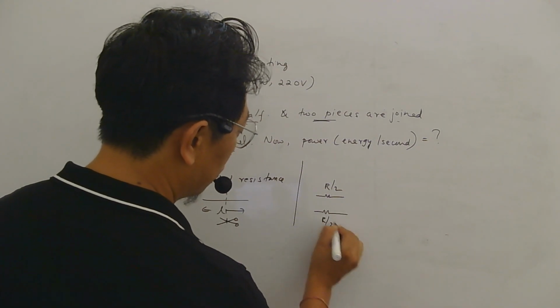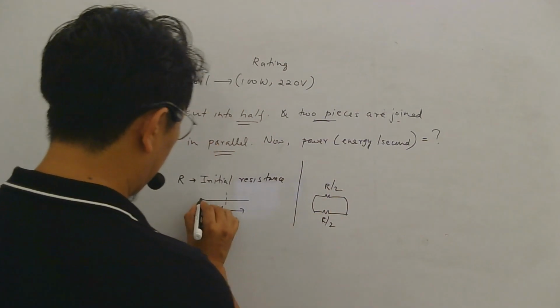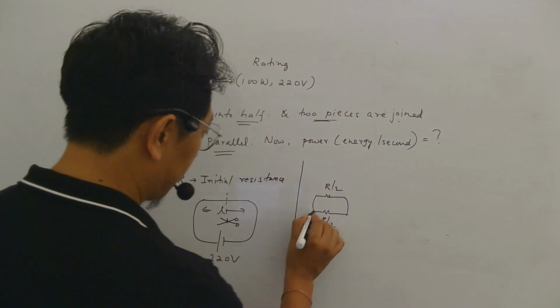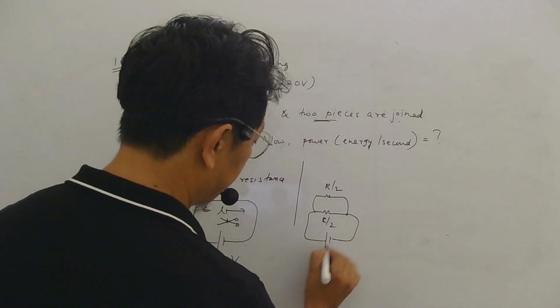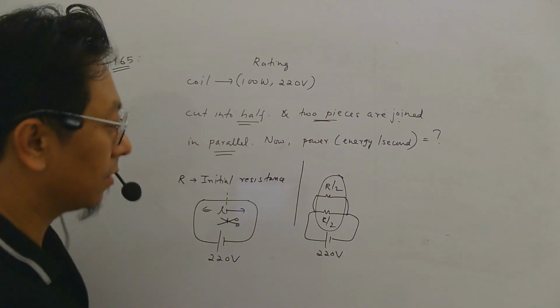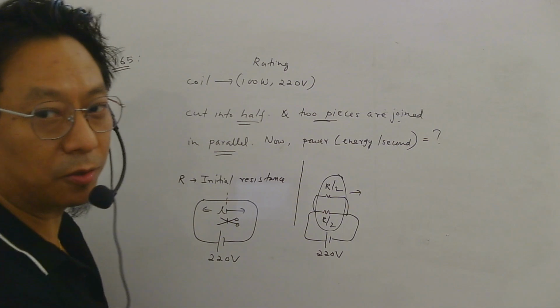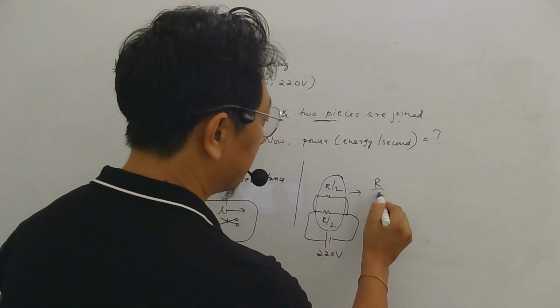And now you are joining them in parallel and applying the same voltage which you applied before. That is our assumption. Now what will be the equivalent resistance of this? R by 2 in parallel will be R by 4.